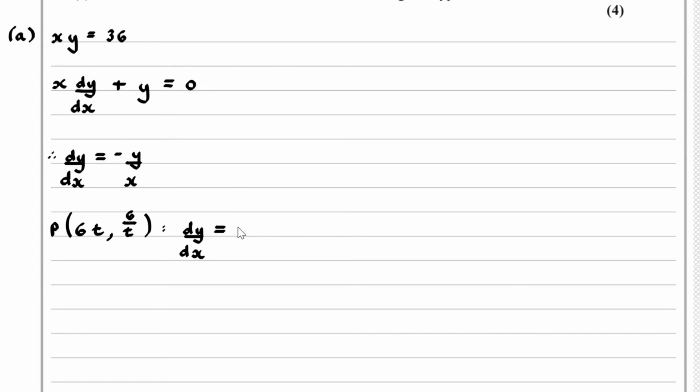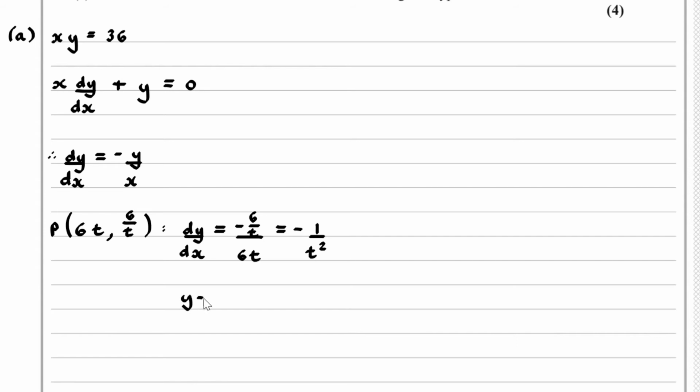So dy over dx is equal to minus 6 over t divided by 6t. And it turns out what we end up with is minus 1 over t squared.